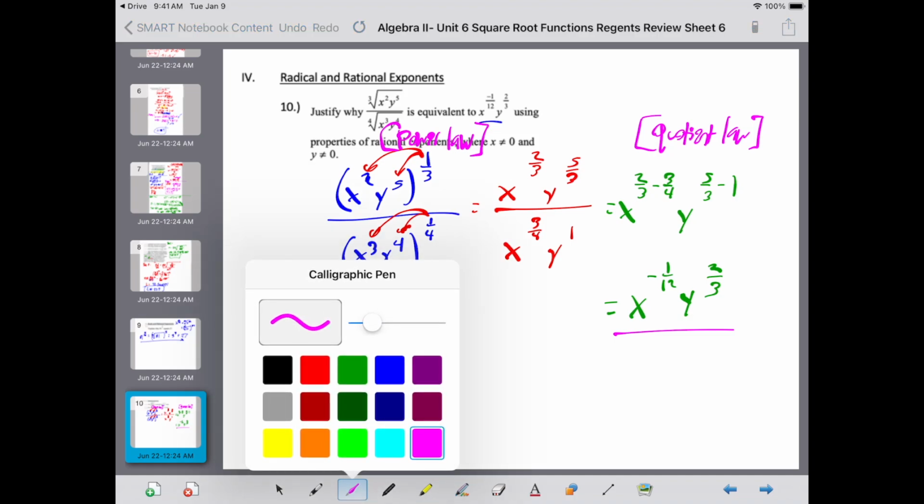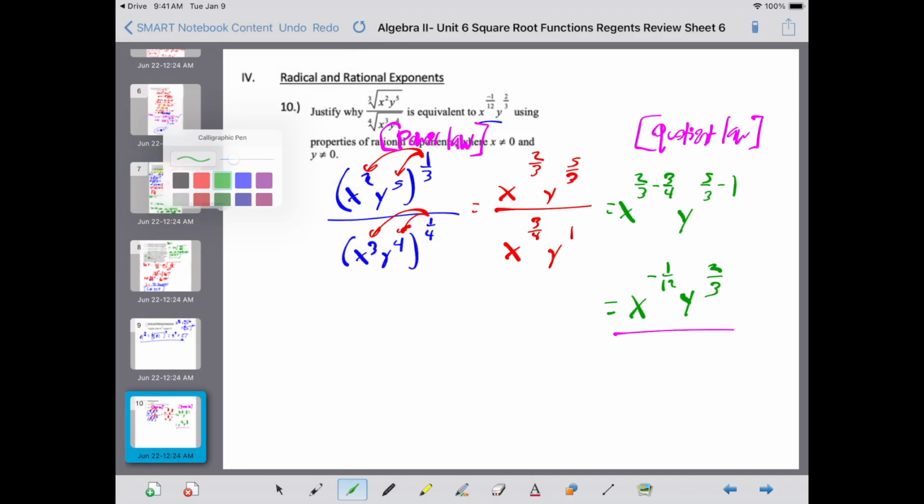What if I wanted to re-express this in simplest root form, right? And I wanted to get rid of negative exponents. Well, a negative pushes it to the denominator. By the way, I'm going further. The question ended here. But a negative pushes the x to the denominator. So this would be the same as saying y to the 2/3 over x to the 1/12.